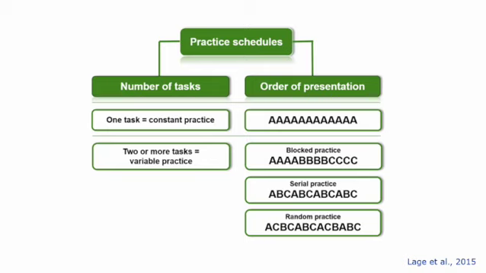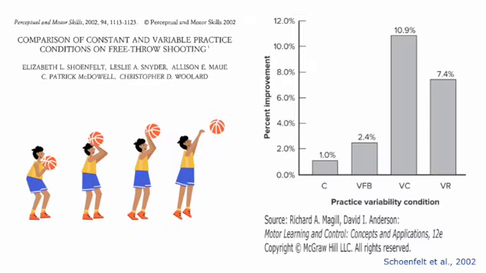If we zoom in on a study that was published in 2002, on the next slide, it researched the differences between constant and variable practice on free throw shooting in university students who had barely any skills, so a minimal bit of experience in basketball.